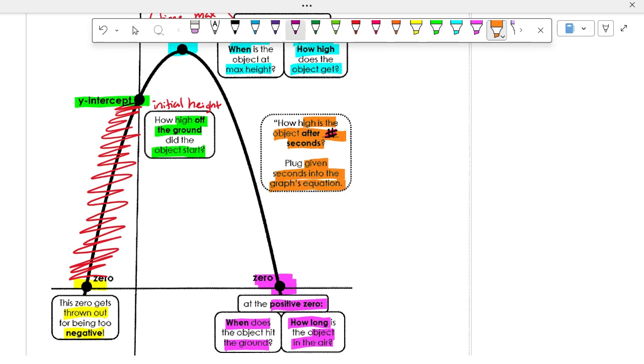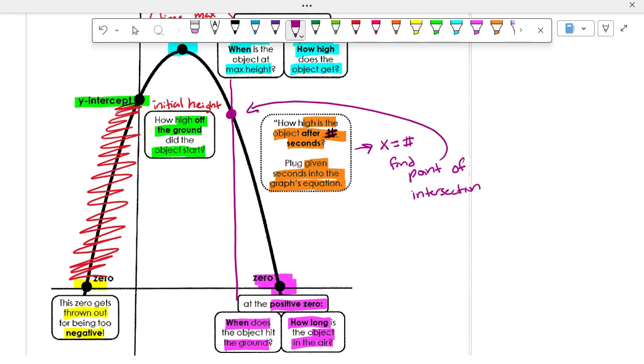In other words, you do x equals whatever the number is and find the point of intersection. That would be some vertical line, and this would be the point of intersection. My answer would be the y value of that point.